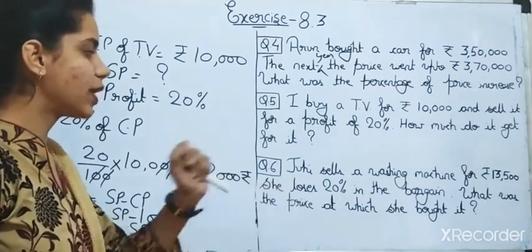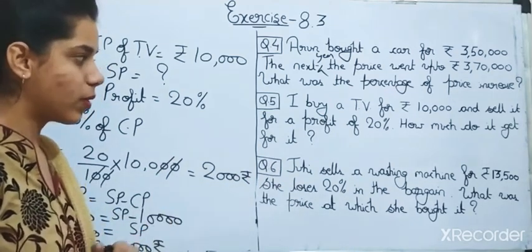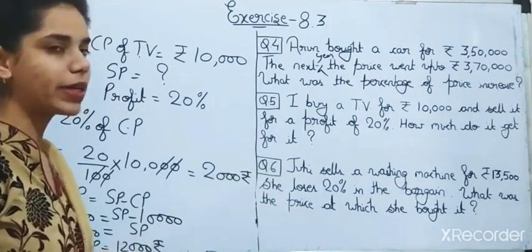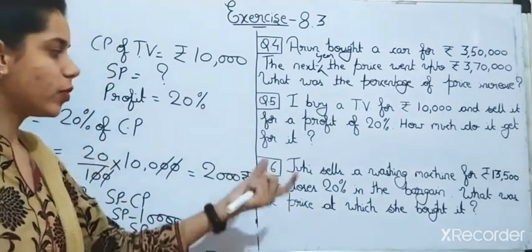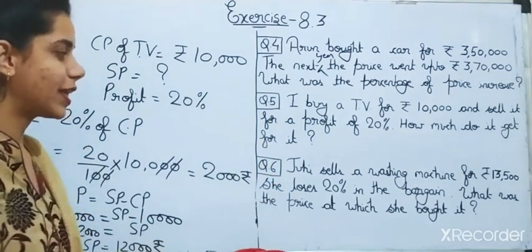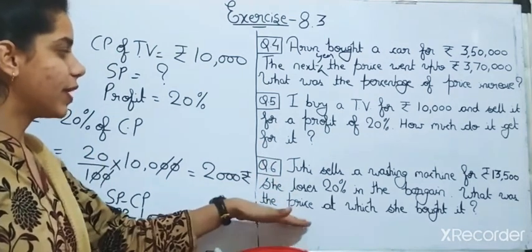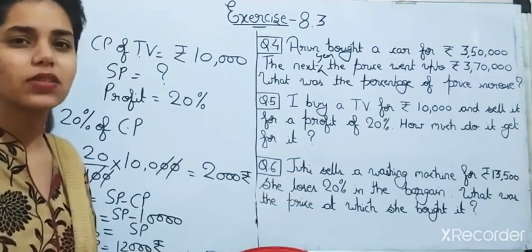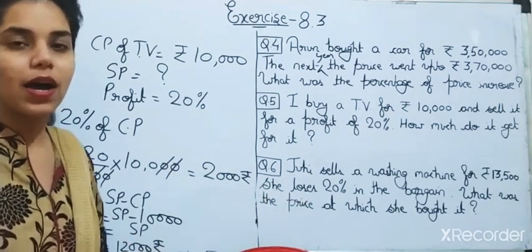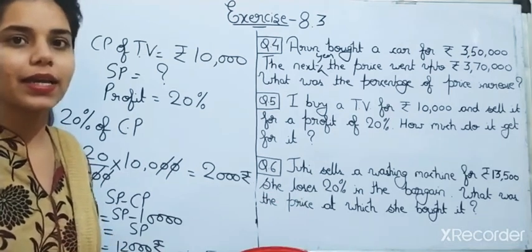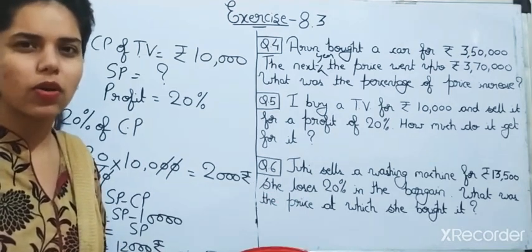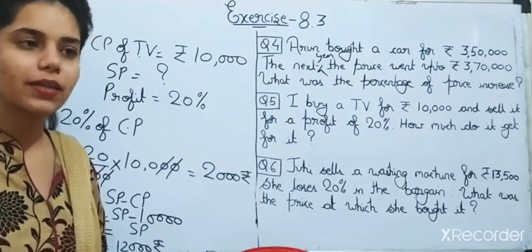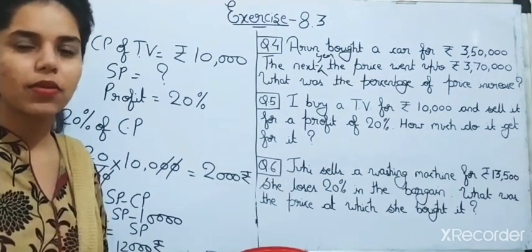She loses 20% in the bargain. What was the price at which she bought it? In your day-to-day life, you have observed one thing, that we bargain. Means if we want to purchase or sell something, we bargain. If I purchase any cloth or anything, I tell the shopkeeper to give it for this many rupees.